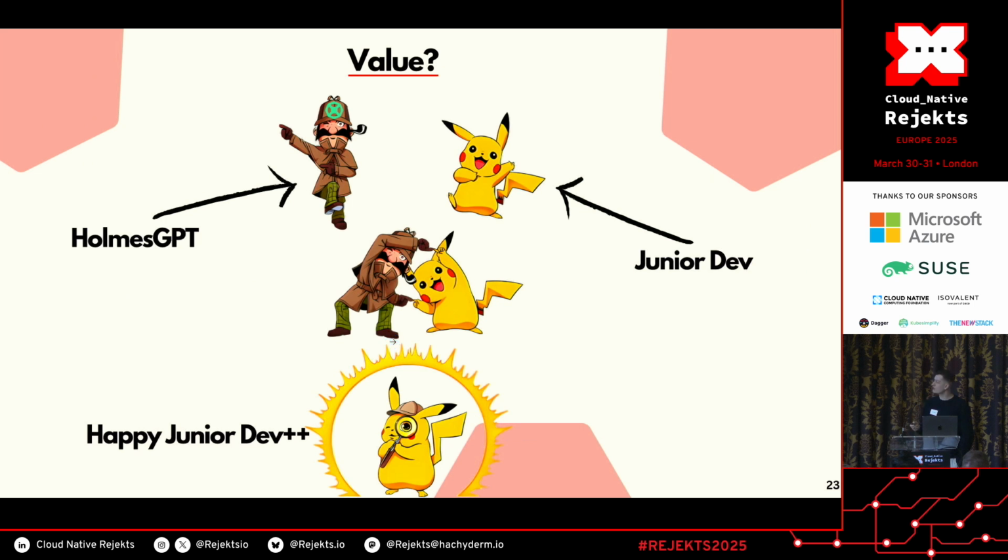Speaking about value, we see a lot of value, for example, if you are a junior dev and you combine it with Holmes GPT. Say I'm a junior dev and I'm stuck. I ask a senior dev or a senior platform engineer, but in most cases they need to wait for my time, maybe 1 week, 2 weeks, if they are happy to jump on a call with them.